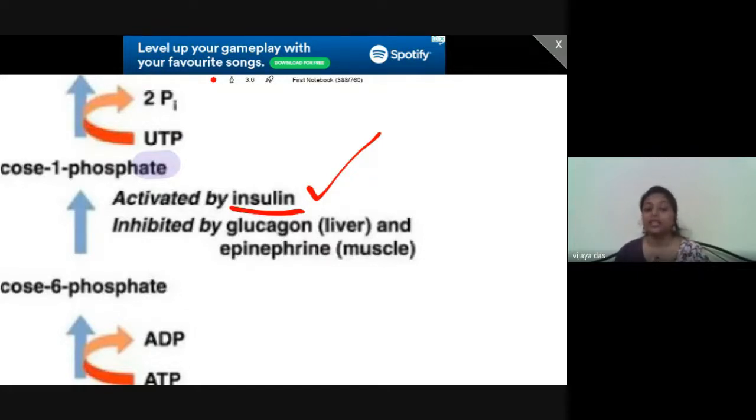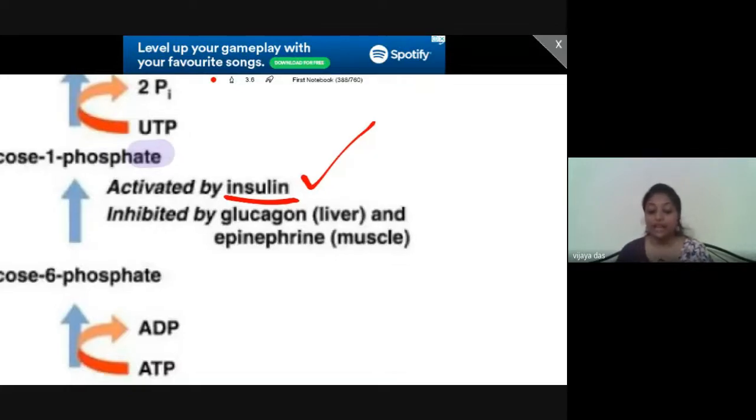Which means that if there is insulin in the blood, it will help convert the free glucose available into glycogen. Like that, the free glucose in the blood will get reduced. So insulin will promote glycogen formation, and that is how it reduces the blood glucose level.